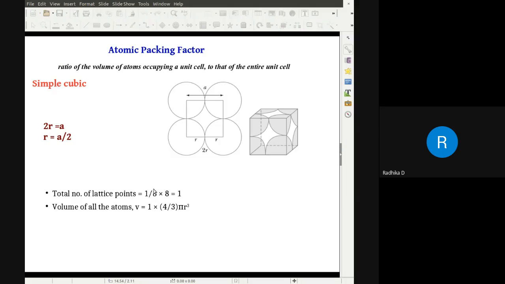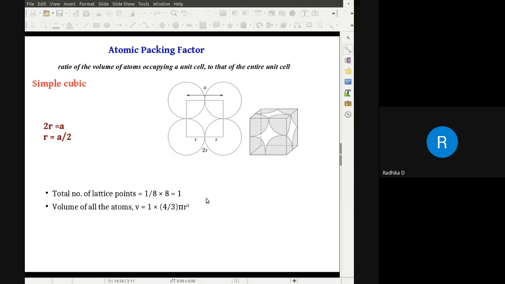One atom gives 1 by 8, another gives 1 by 8, and so on up to the eighth. So 1 by 8 into 8 gives me 1. That is the total number of atoms existing in this unit cell.